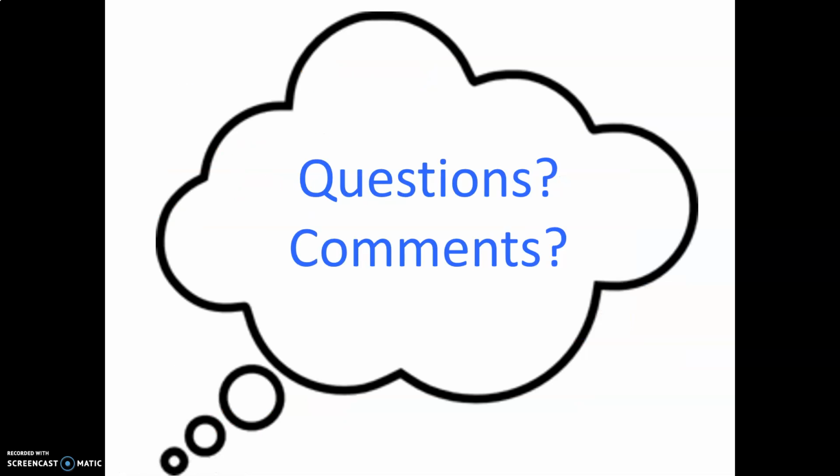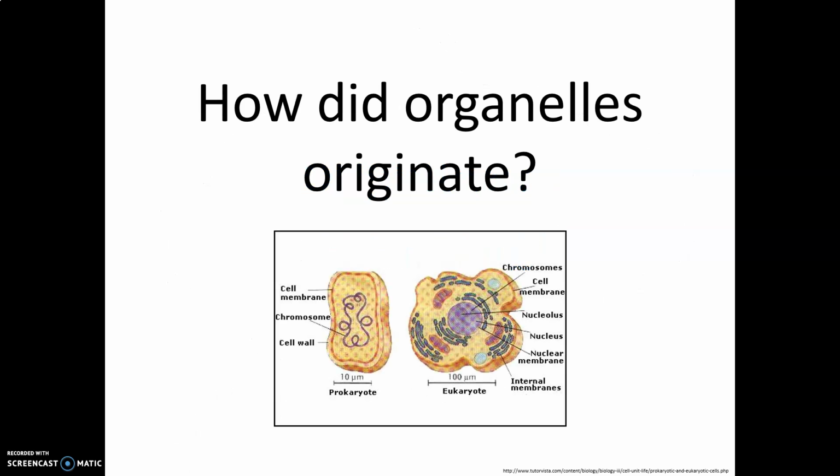Okay, so we've talked about all the organelles and cell parts that you find in plants, animals, and bacteria cells, and to a lesser degree, I've mentioned some that you find in fungi. I've also mentioned the characteristics that you find in chloroplasts and mitochondria, and the reason is that they're tied to how we think organelles originated to begin with.